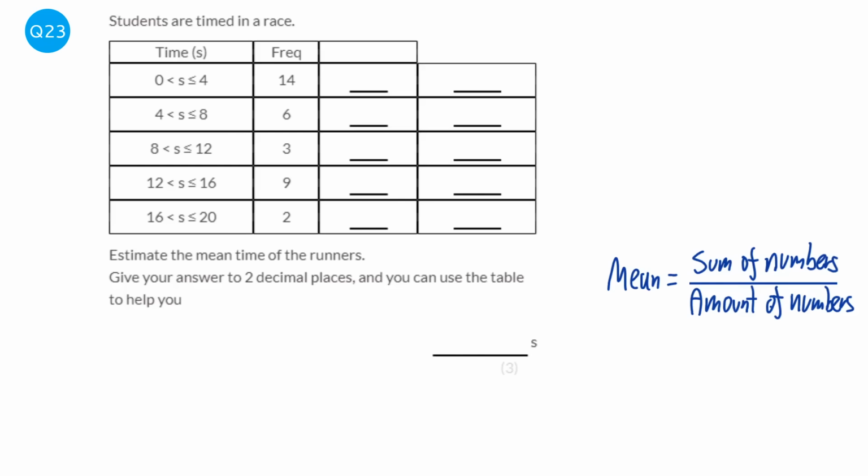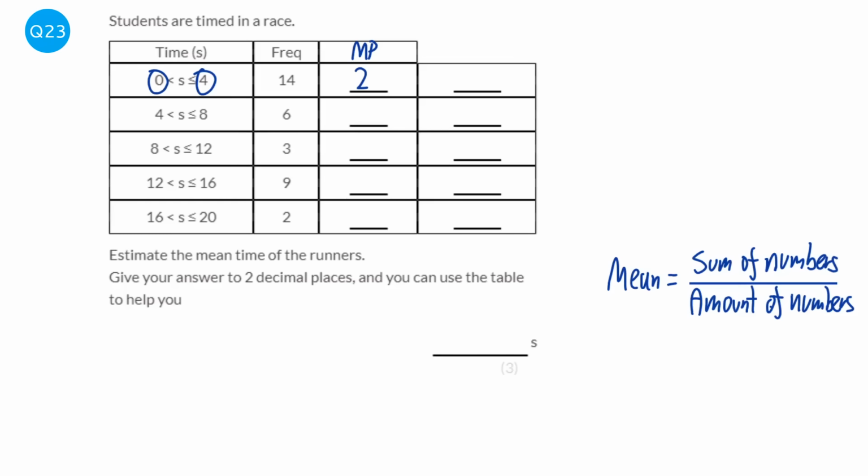And the fairest value to say that they all got is what we call the midpoint. To find the midpoint, you add up the lower bound and the upper bound, the highest value and the lowest value, add them together and divide by 2. So 0 plus 4 divided by 2, which is just 2. And that gives us a halfway number, which is fair to everyone.